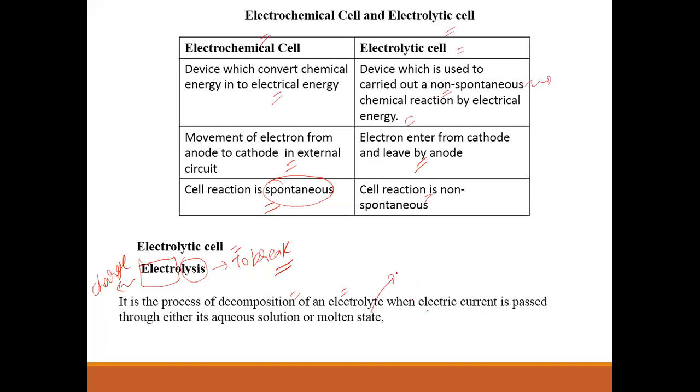Let's take an example of table salt. When table salt is present in the bottle, can it break into Na+ and Cl-? No. When moisture or water is there, then NaCl breaks into Na+ and Cl-.